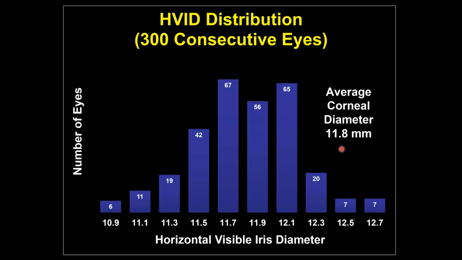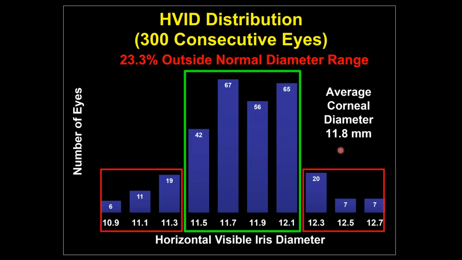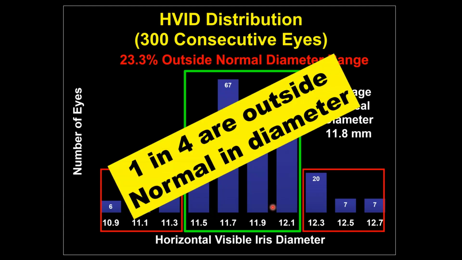But in North America, 300 consecutive right eyes were measured, and the average visible iris was 11.8 millimeters. So if we say that normal VID is somewhere in this range of 11.5 to 12.1, then a good percentage of the population surely falls within the middle of the bell curve. But what's interesting is about 1 in 4 patients fall outside of that normal median range.